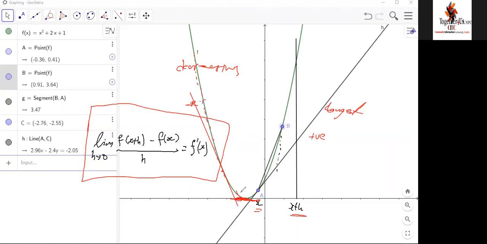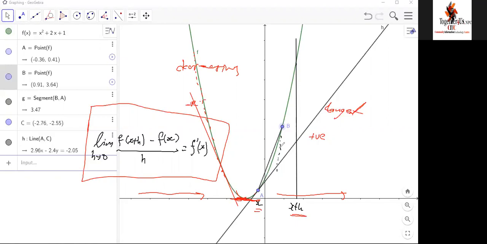So what is happening here is that x values are increasing, but the function is decreasing. As x values continue to increase, when we come here, the gradient is 0. That's the turning point.